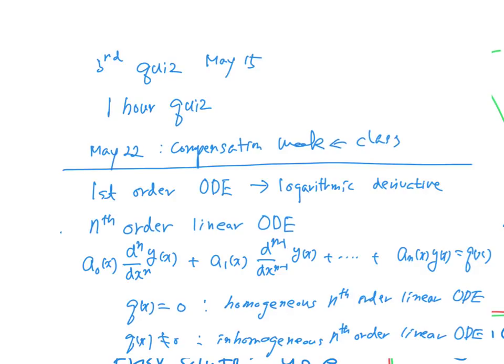So between the two, which one would be easier? Less difficult, I mean. I wouldn't say easier. The case of q(x) is 0 or q(x) is non-zero? Which one would be less difficult of those two? Obvious, right?